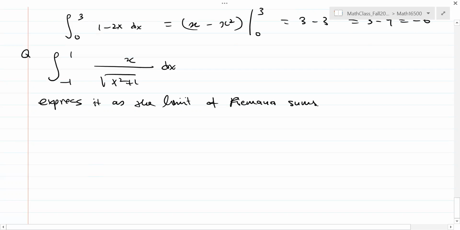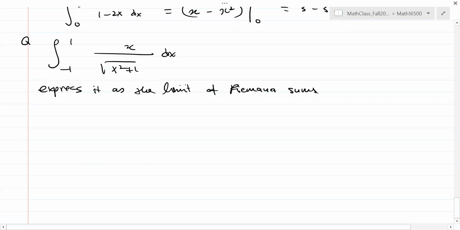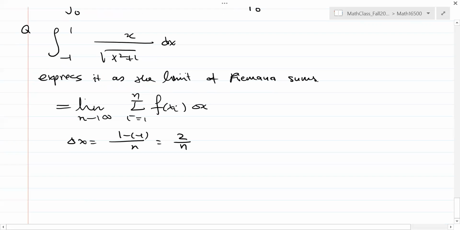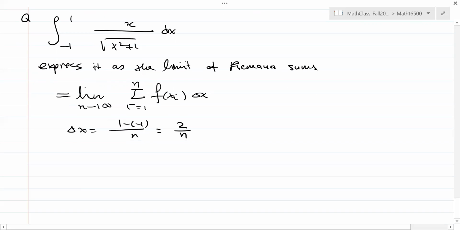So let's express it. How do you write the Riemann sum? It's a limit as n approaches infinity of the sum of f of xi delta x. So this is a Riemann sum, right? But you have to put the details there. First of all, delta x is going to be 1 minus -1 over n, which is 2 over n.